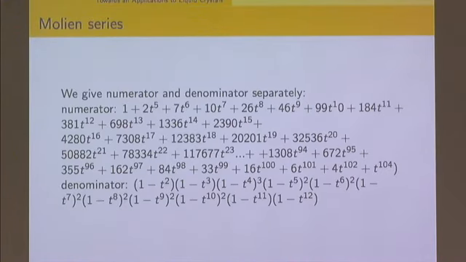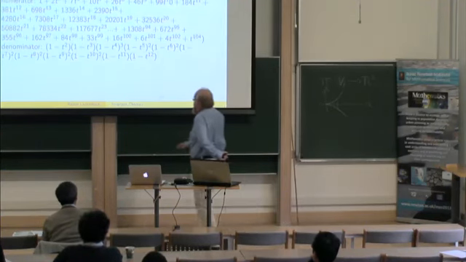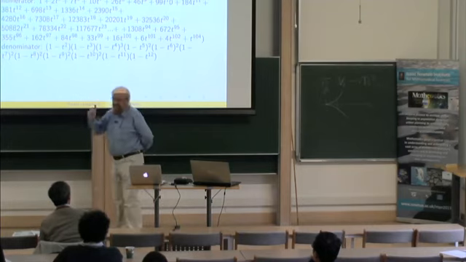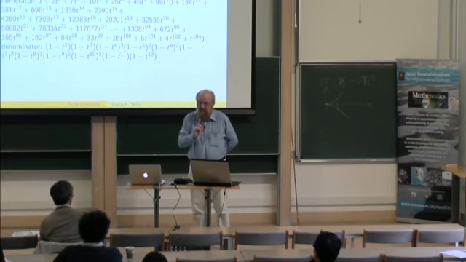You have 1 minus t to the power 4 and all that to the power 3. What does power 3 mean? The interpretation of the denominator is that these are algebraically independent invariants.